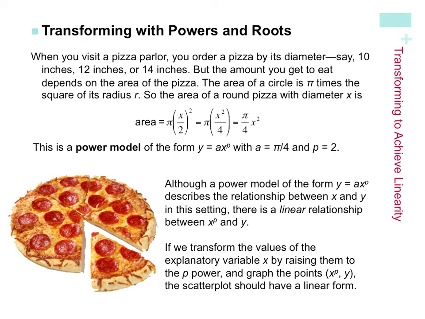If we transform the values of the explanatory variable x by raising them to the power p and graph the points x to the p, y, rather than just x, y, your originals, what you end up doing is now straightening out your scatter plot. Okay, so if it shows a curve, then you expect that there be a power model involved, changing your points so it's x to the p, and then plotting your same old y should have the effect of straightening out your curved pattern that you saw.